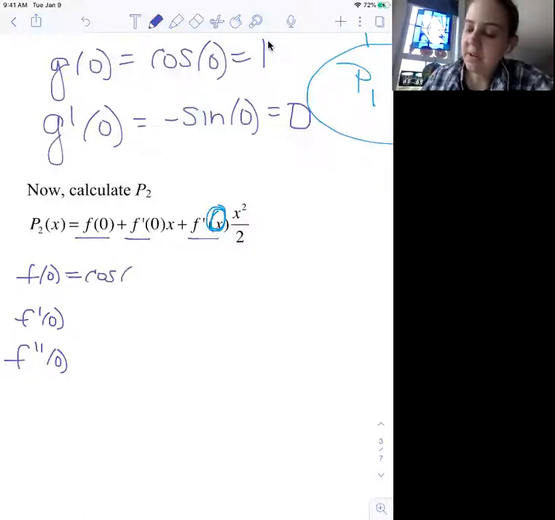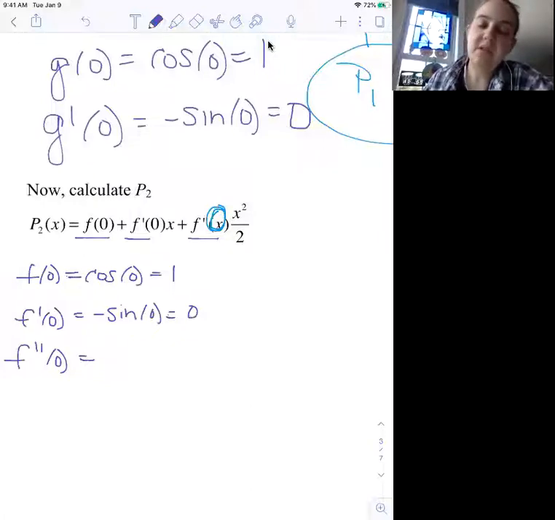So we're talking about cosine of 0, which is 1. F prime of 0 is the derivative, so that's negative sine of x, so negative sine of 0, which is 0. And then the second derivative, so now I need the derivative of negative sine. So the derivative of sine is cosine, but it's still negative in the front, so this is negative cosine of 0, which is a negative 1.